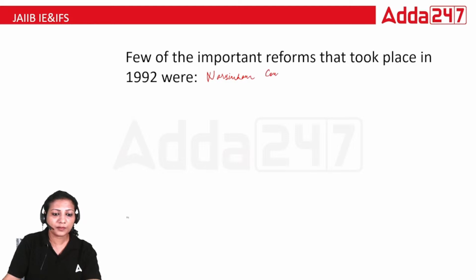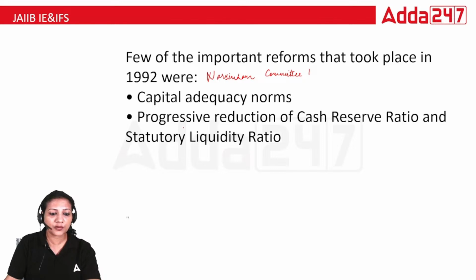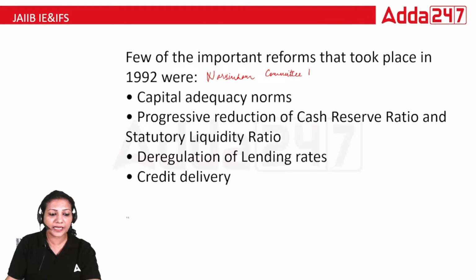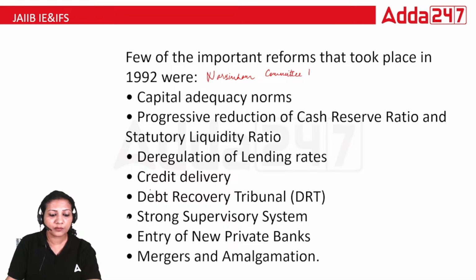These are the points: capital adequacy norms, progressive reduction of CRR and SLR, deregulation of lending rates, credit delivery, DRT was established, strong supervisory system, entry of new private banks, mergers and amalgamation.